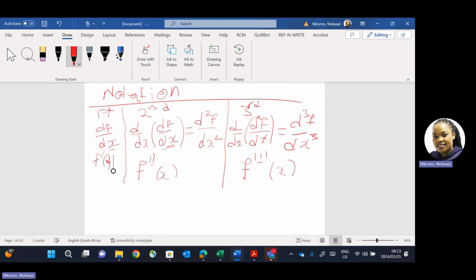Whenever you see three primes, that is the third derivative, and so on. For a fourth derivative, you differentiate the third derivative. To get the fifth derivative, you differentiate the fourth derivative, and so on. To get the nth order derivative, you differentiate the n minus 1 order. That's how you find the derivatives.